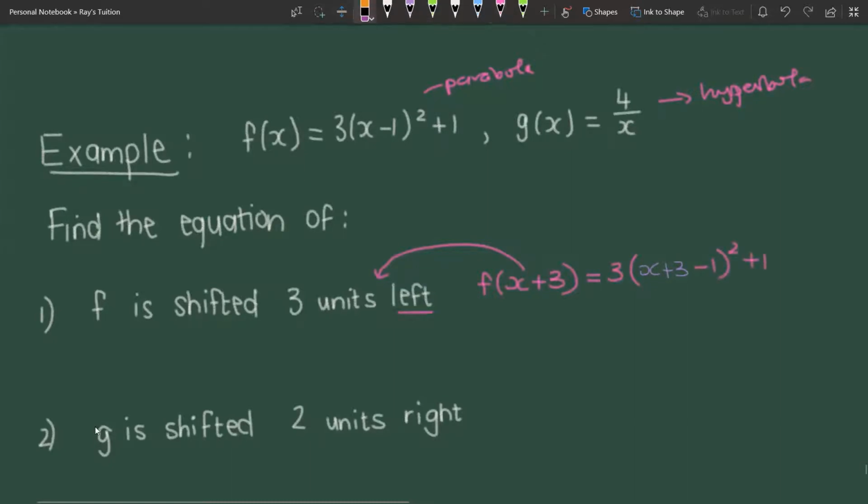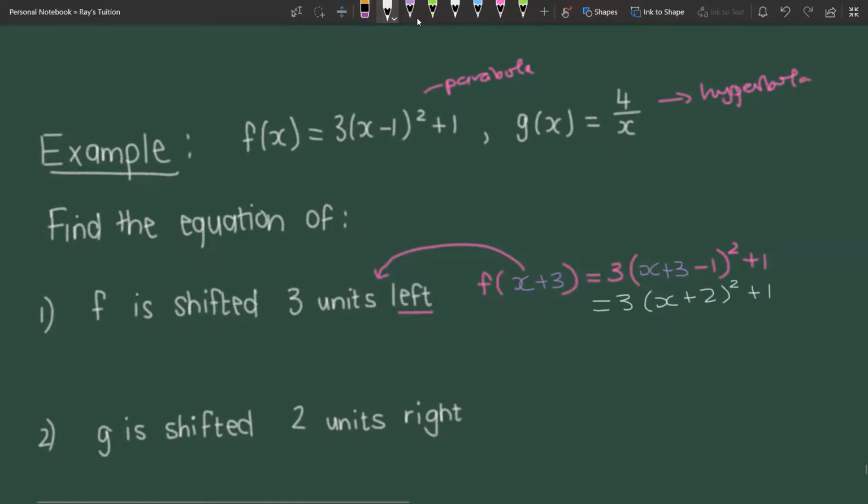I just want to emphasize that: f of (x plus 3) is the shift, and how we get that is in the place of x, we write x plus 3. So we can go ahead and simplify this. This is equal to 3(x plus 2) squared plus 1.